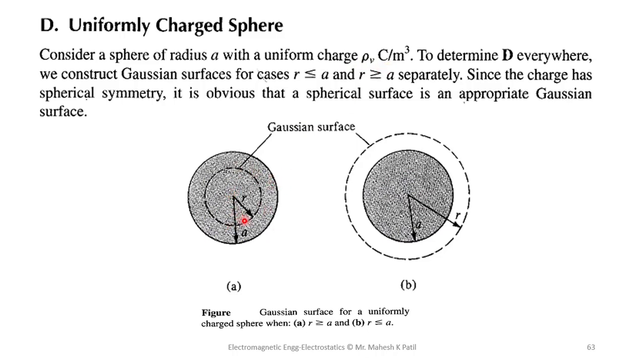In the first case, this is the sphere having radius a and the point is inside the sphere, and in the second case this sphere is having radius a and the point is outside of that sphere. Let this be r, where r is greater than a, and in the first case r is less than a. Now we are going to calculate the field density or flux density for these two situations.